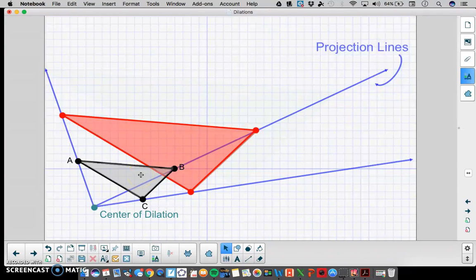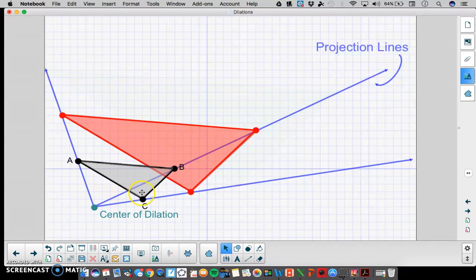What if I wanted to dilate a figure with a scale factor of 3? Well, I would count from my center of dilation that same slope that I used to get to point A 3 times. So from the center of dilation, I would go up 6, left 2, up 6, left 2, and up 6, left 2. From my center of dilation to point C, notice it's up 1 over 1, 2, 3, 4, 5, 6.